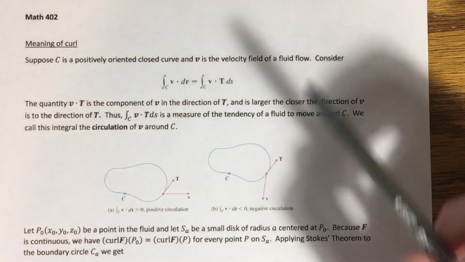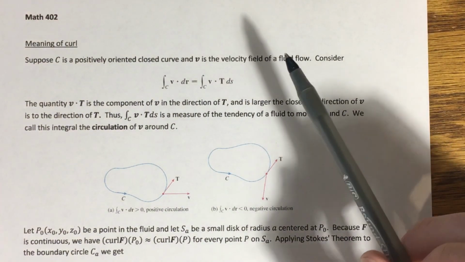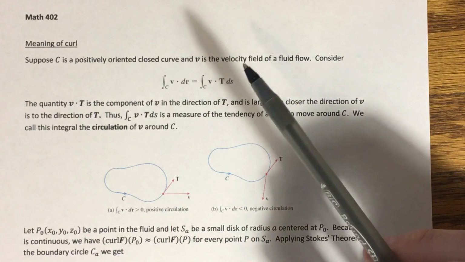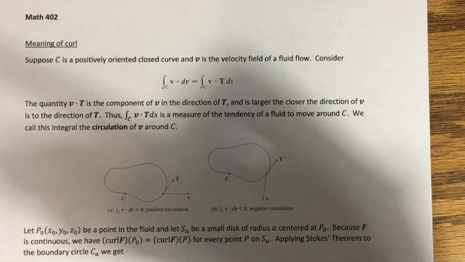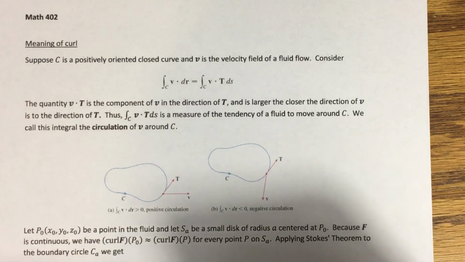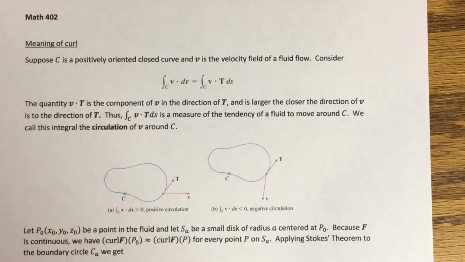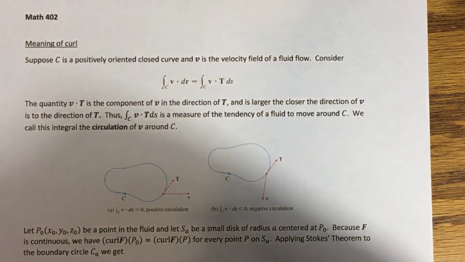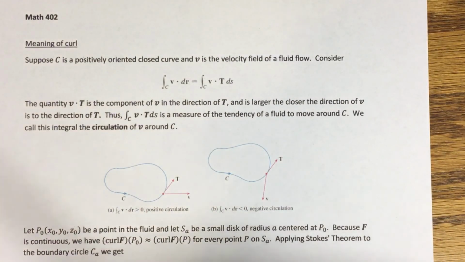If you take the curl of a vector field at a specific point, and in particular, if you think of that vector field as the velocity field of a fluid flow, then the curl at a given point is the tendency of that fluid to rotate around that point, where the curl represents the axis that it would be rotating around.